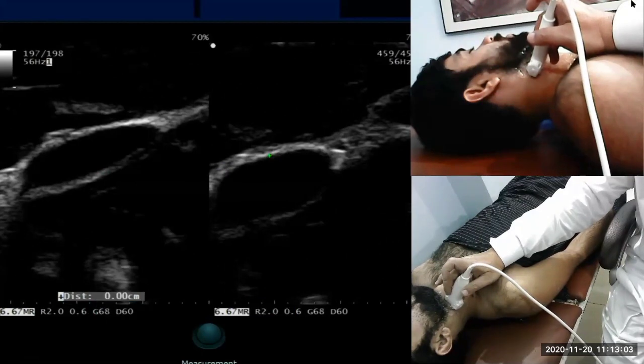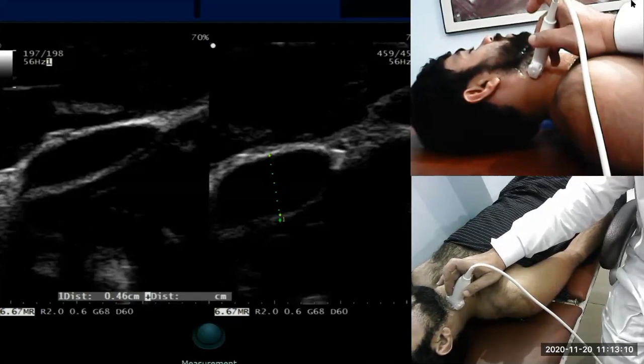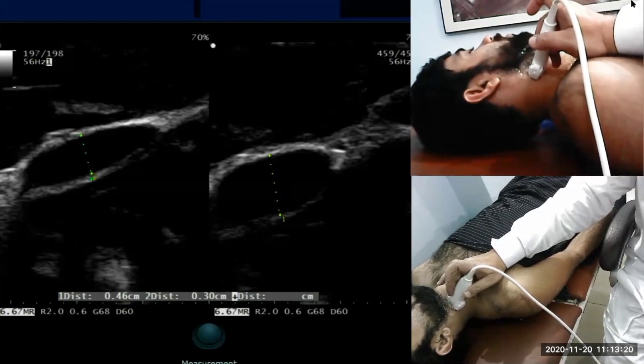So in order to bring out or to make a vein prominent, we ask the patient to do this Valsalva maneuver.